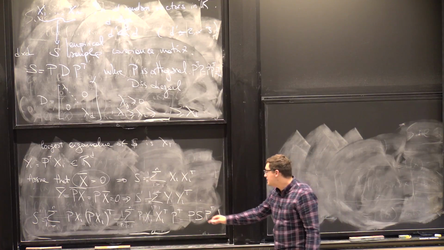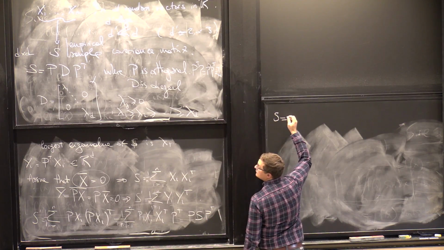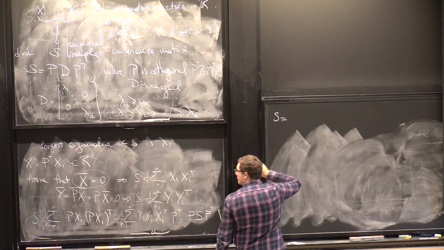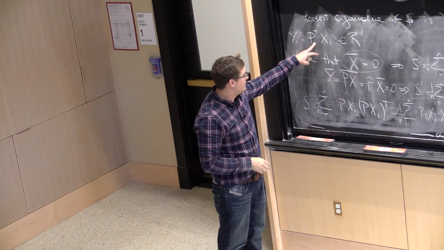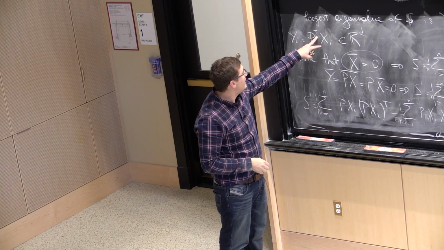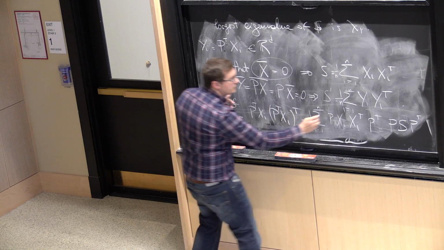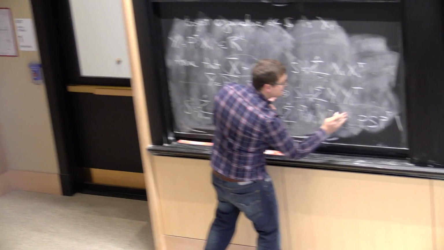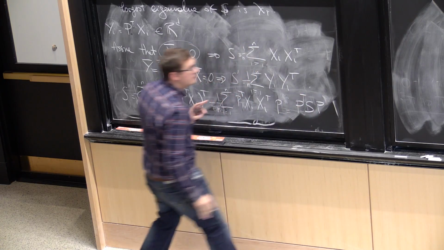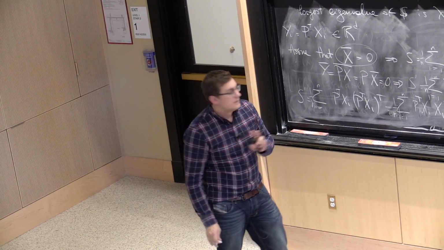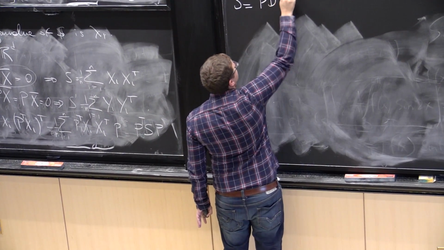But what is P S P transpose? Well, we know that S is equal to, sorry, that's P transpose. I'm sorry, I made an important mistake here. So yi is P transpose xi. So this is P transpose and P transpose here, which means that this is P transpose and this is double transpose, which is just nothing. So now I write S as P D P transpose.